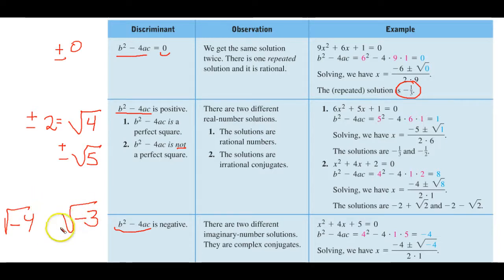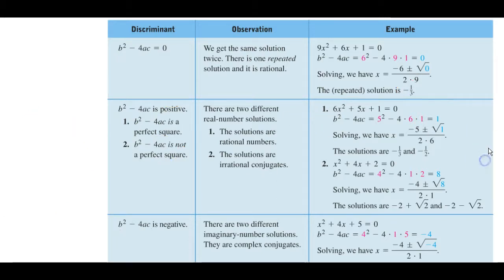Now, here you're going to get imaginary numbers or complex numbers. This will be 2i, plus or minus 2i, and this one is going to be plus or minus the square root of 3 with the i out there. Okay, so again, that's what they're giving you in summation of this chart.